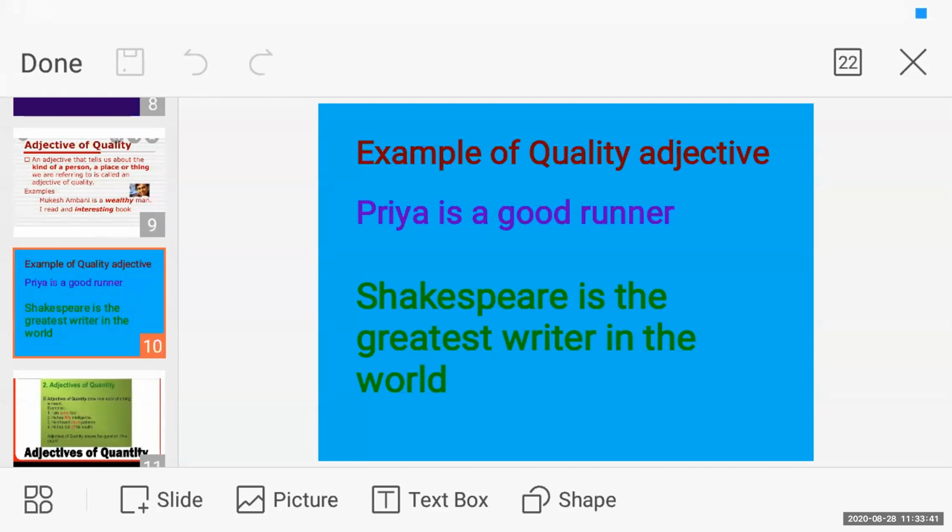Shakespeare is the greatest writer in the world. Everyone knows that he is a very famous writer, and how is he? A greatest writer. So this word greatest comes under the adjective of quality.